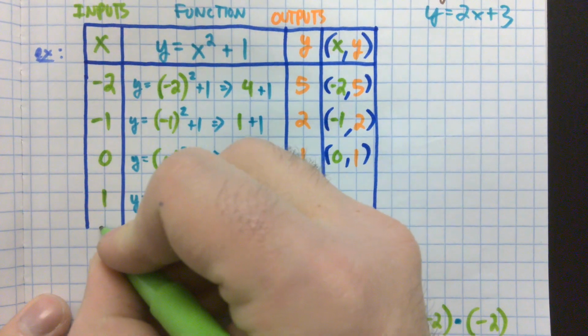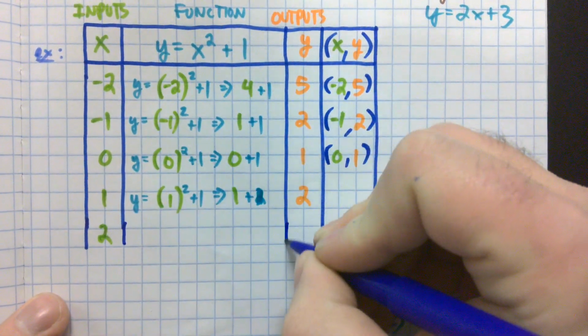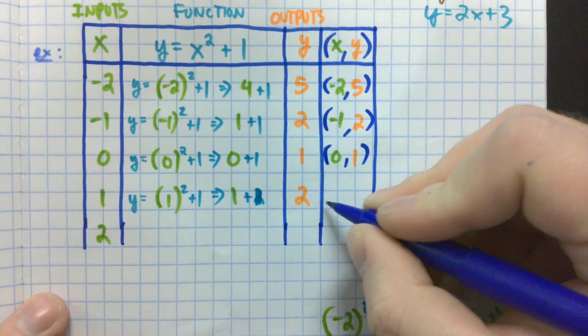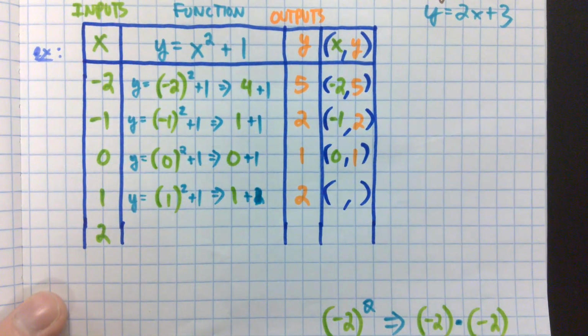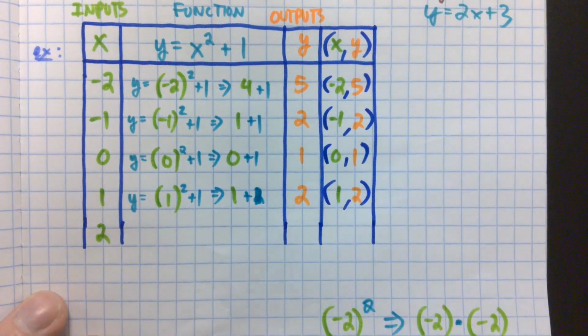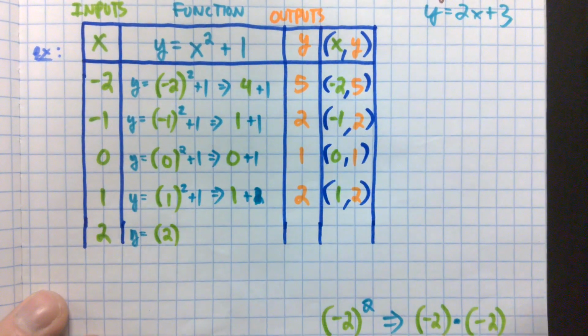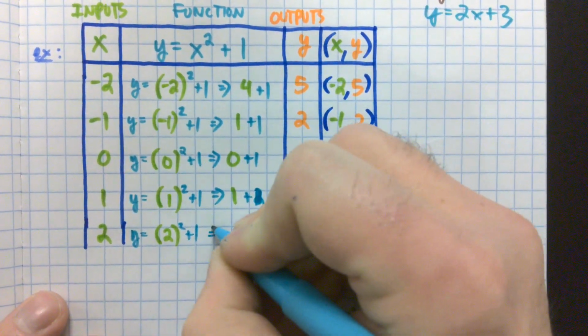Last one, let's input a positive 2. Sorry, my last solution there was 1 comma 2. If we input a positive 2, we get y is equal to 2 squared plus 1.